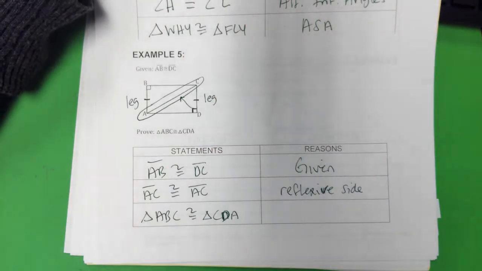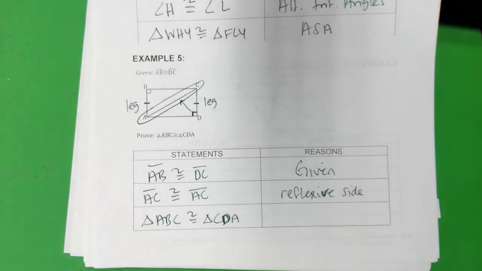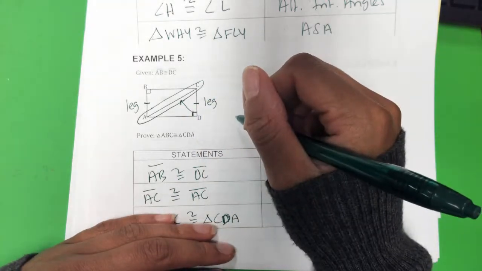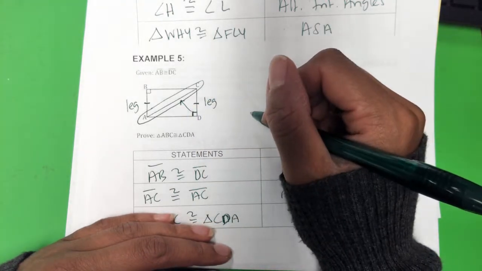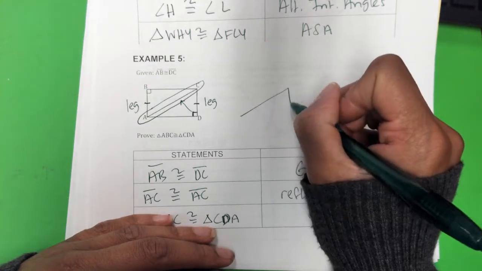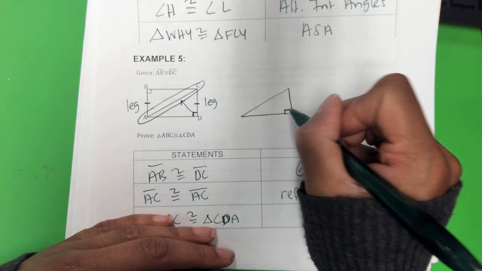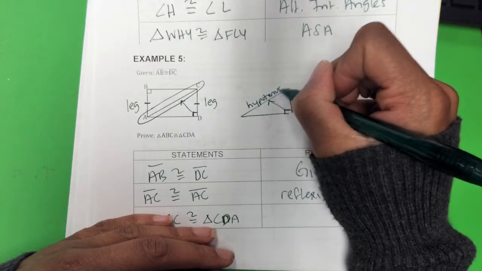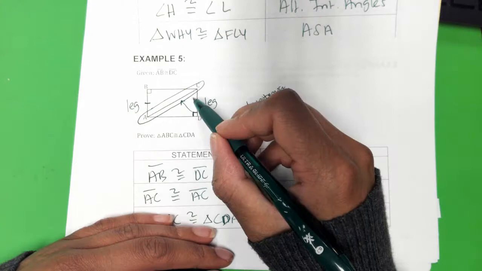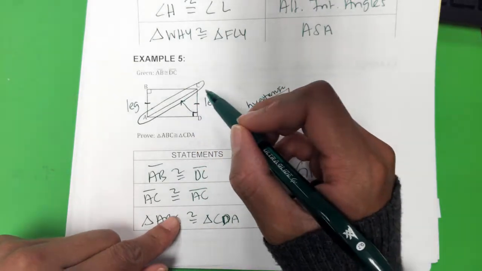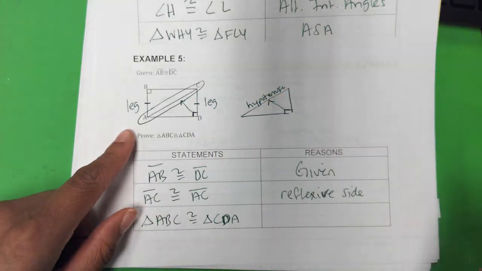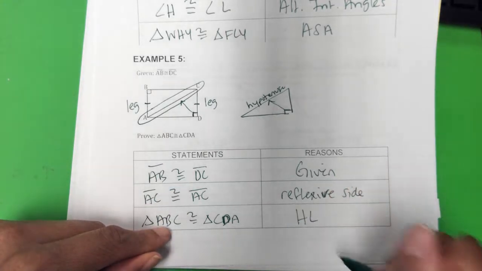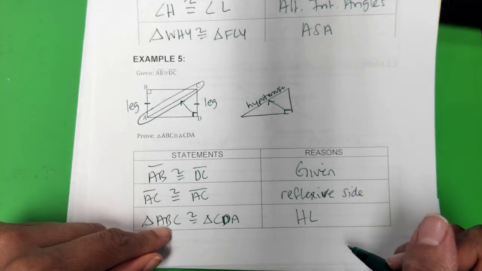The longest side of a right triangle, or the side that is opposite of your right angle, is always called your hypotenuse. So when I have the hypotenuses equal to each other, based on reflexive sides, and my legs are equal to each other, my reasoning these triangles are congruent is because of HL, otherwise known as the hypotenuse leg theorem.